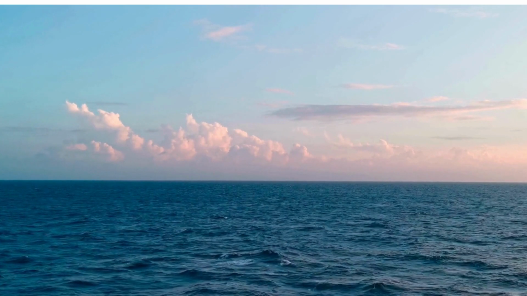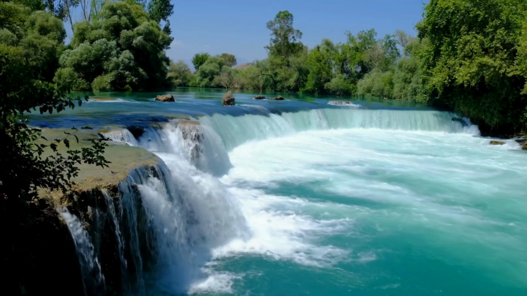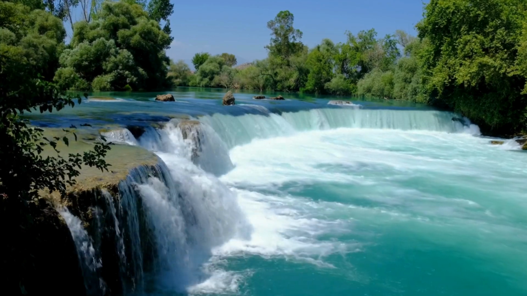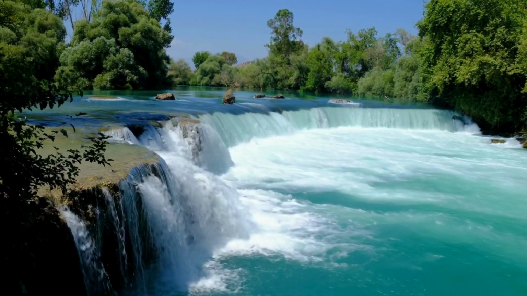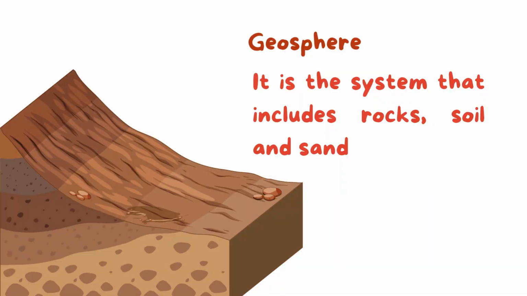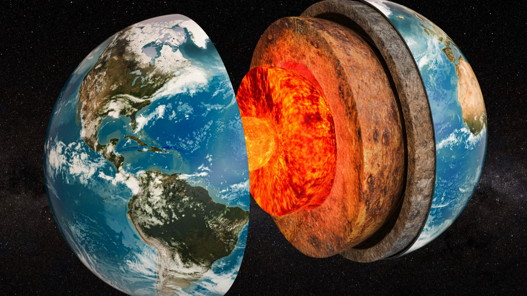Okay, as we see here. Then we have the last system, which is the geosphere. It is a system that includes rocks, soil, and sand. Okay, the ground, as we see here.